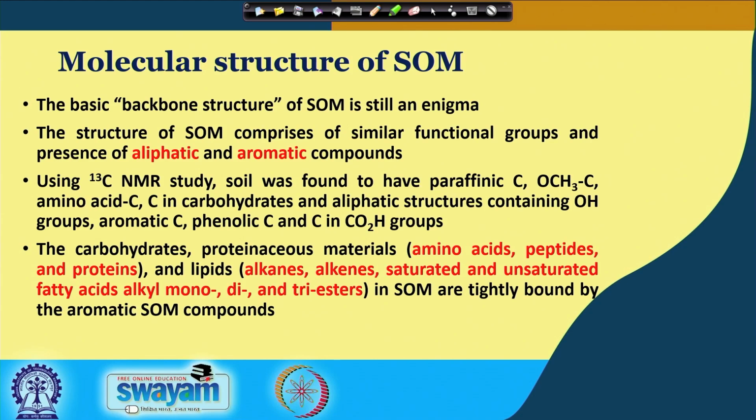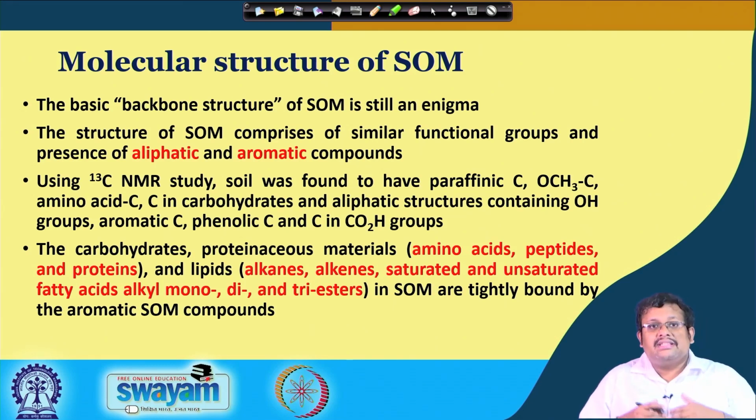Now, using the 13C NMR study, soil was found to have paraffinic carbon and then methoxy carbon, amino acid carbon, and carbon in carbohydrates and aliphatic structures containing hydroxyl groups, then aromatic carbon, then phenolic carbon, and carbon in other groups.